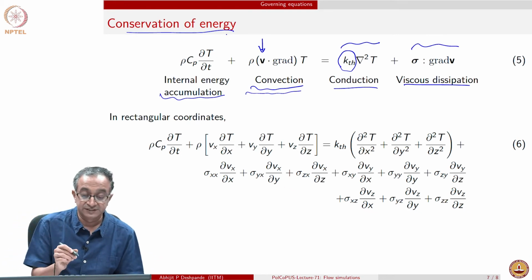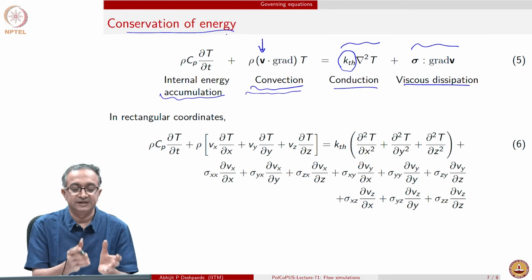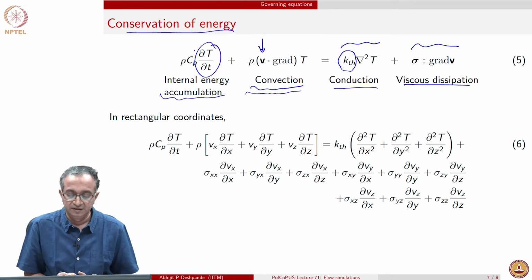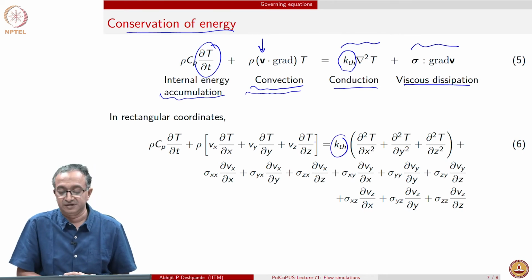So, therefore, the scalar equation which is basically a governing equation for temperature in a material, basically the important parameters are the thermal conductivity.